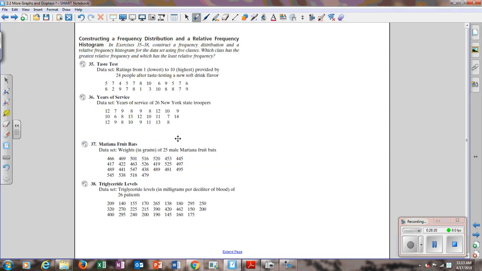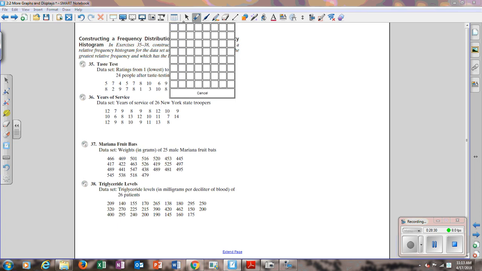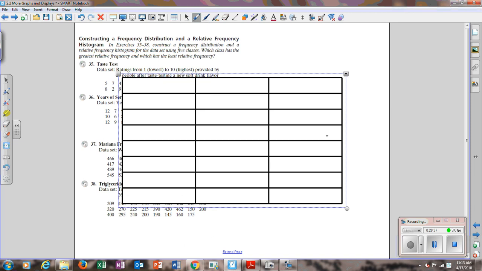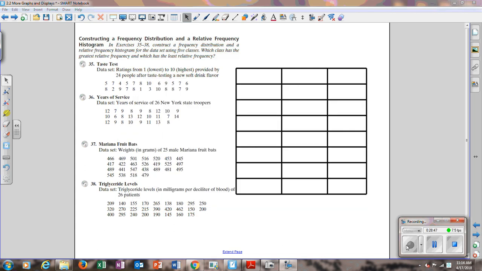That'll work for this. All right, now we have a frequency distribution and a relative frequency histogram. So it's going to be even more work, technically. Make a table with 3 columns. We went with 3 columns because we're going to have to do relative frequency. So there's 24 people. 1 is the lowest, 10 is the highest.